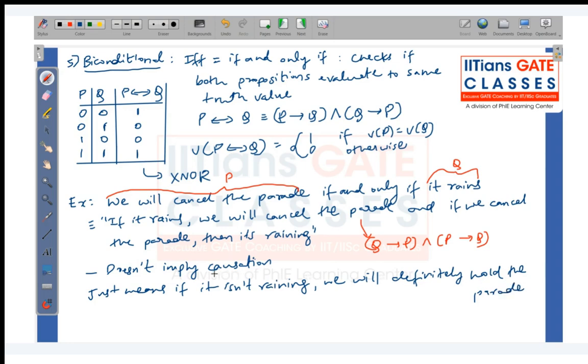Fine. Is it clear? The point that I'm trying to make about causation? There is no room for this causation in propositional logic.